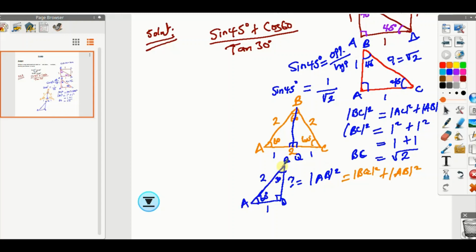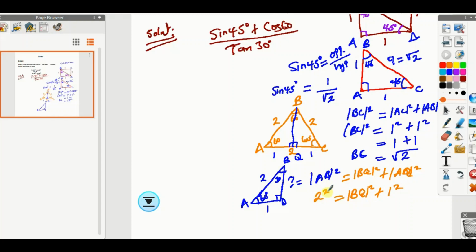So from here, we have our AB square, which is, our AB is 2, so I have 2 square be equal to BQ, which is what we don't know, we are looking for, BQ square plus AQ. AQ is 1. We have AQ as 1 square.